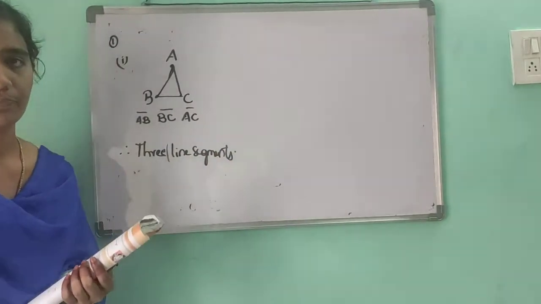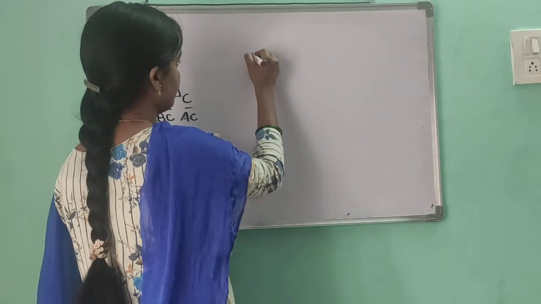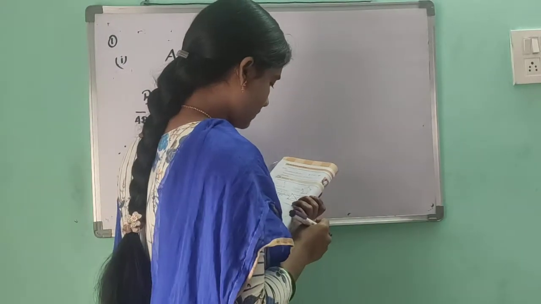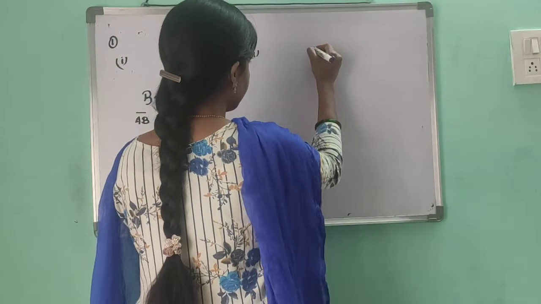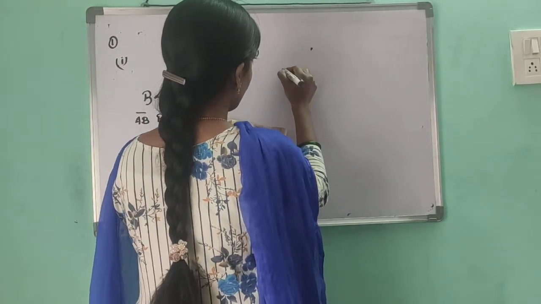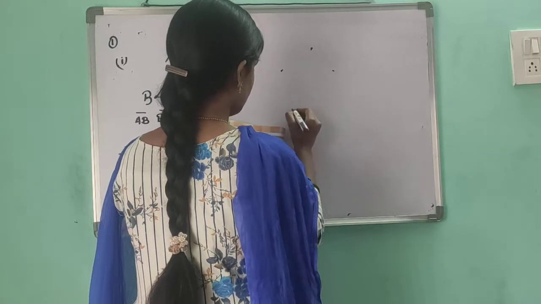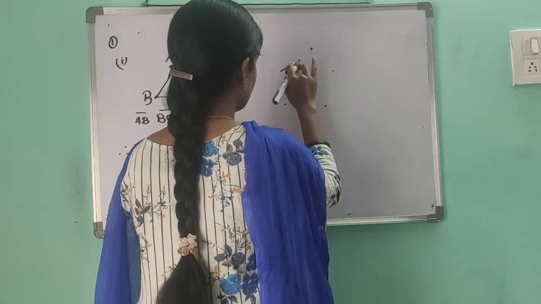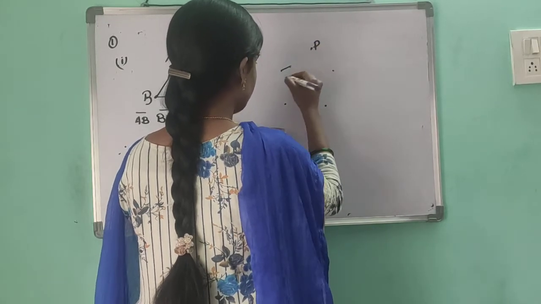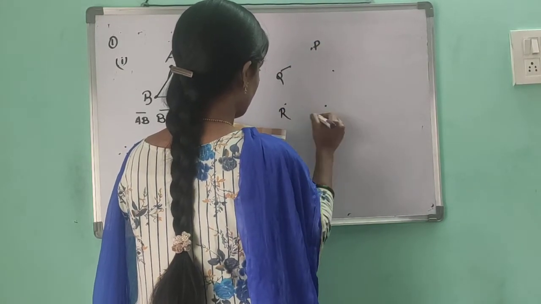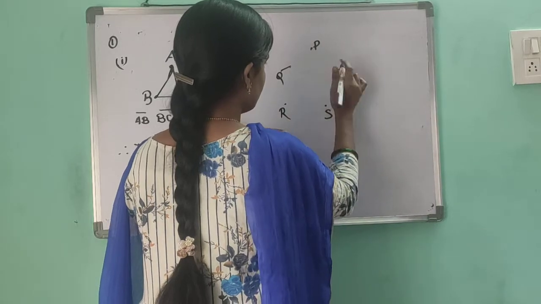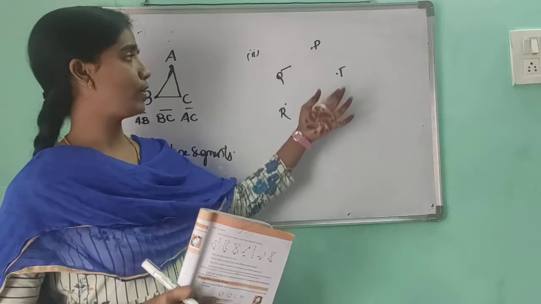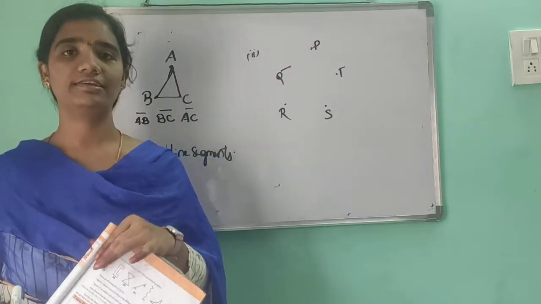Coming to the second one, here also some points are given: P, Q, R, S, T. By using these points, join and find the line segments.